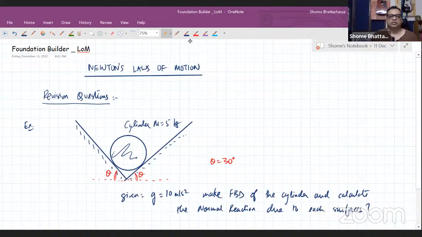So try out this question quickly and tell me the answers. Send me the answers over the message. Yeah, we will discuss doubts later. First, we'll do some revision questions.